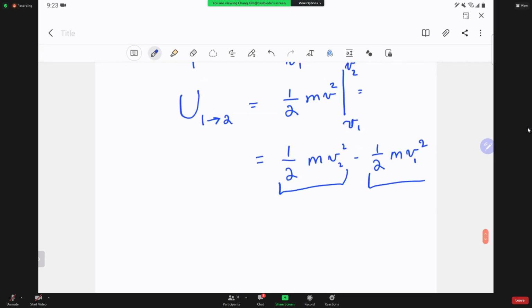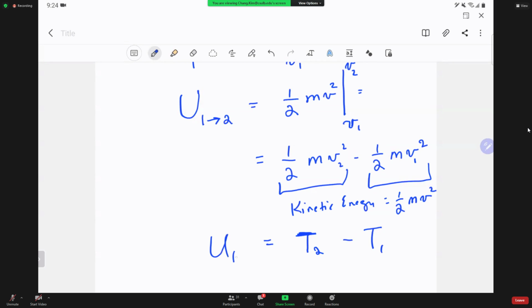This is known as kinetic energy, defined to be 1/2 times mass times velocity squared. I'm going to call this the kinetic energy at the second position, and this the kinetic energy at the initial or first position.